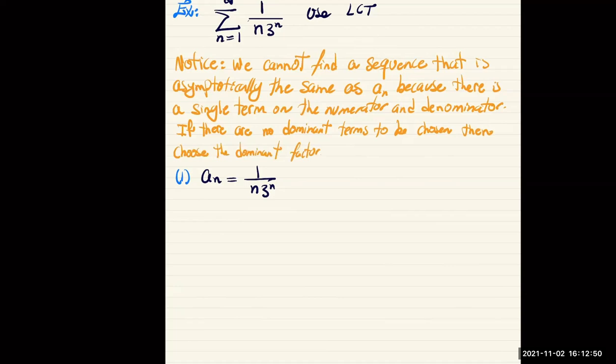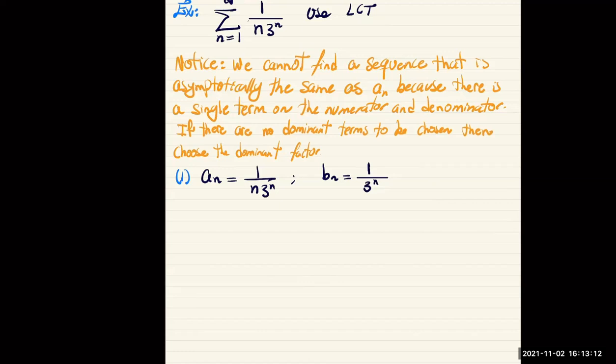Okay, so what should I choose my b sub n to be? Well, top is just the 1, so there's only one factor, 1 on top. In the denominator, what factor should I choose? Yes, 3 to the n. It dominates in the bottom. It's the dominant factor.